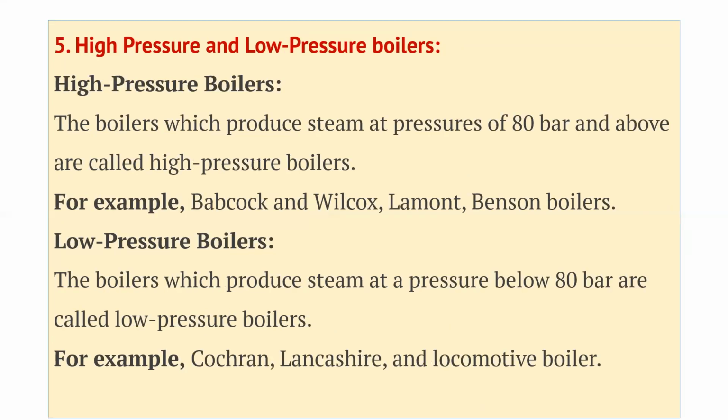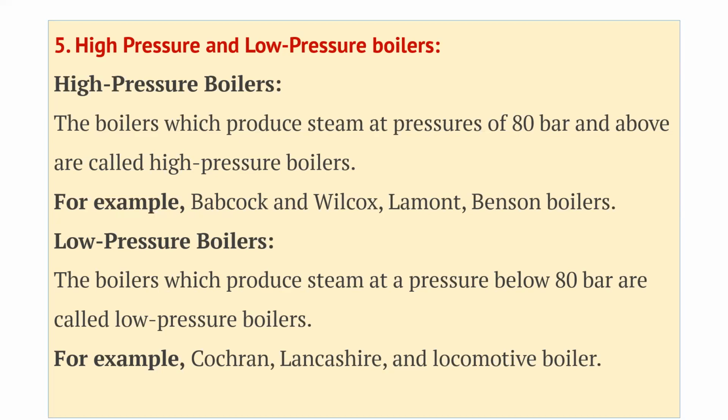Now the next variety is high pressure and low pressure boilers. There are some differences in the different schools of study. Some people take boilers with pressure of 80 bar and above as high pressure boilers, and those below 80 bar as low pressure boilers.